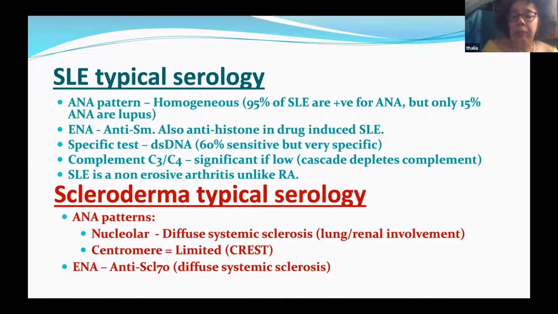Patients may have Hashimoto's thyroiditis, for example, which is again an ANA antibody, and we don't treat it.